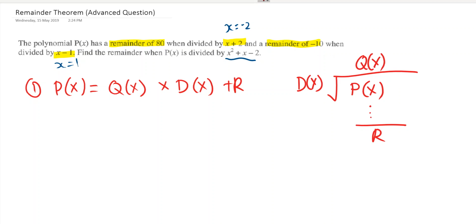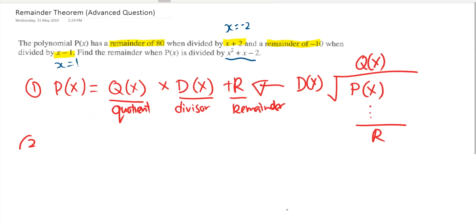So everything is related to this statement here. The polynomial function is equal to the quotient polynomial times the divisor, plus your remainder. So this is the first concept that many students fail to remember.